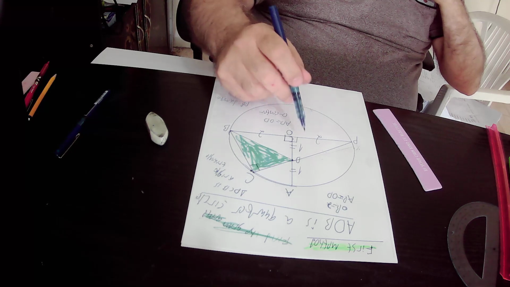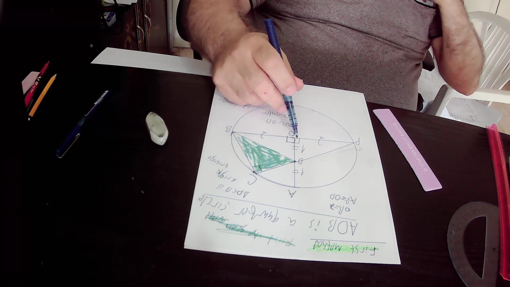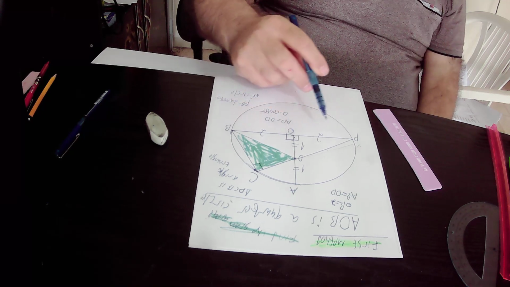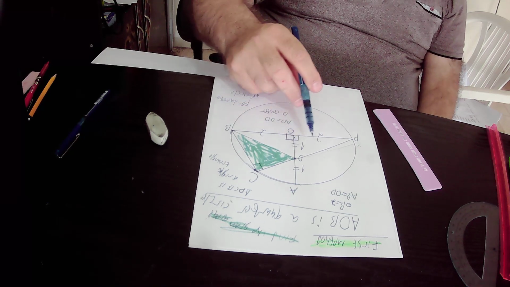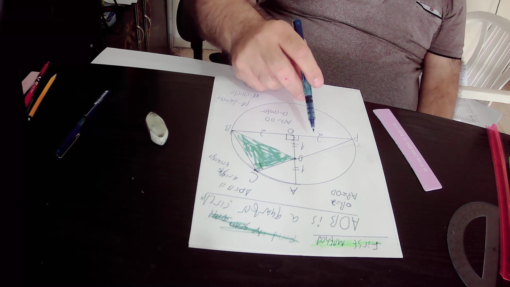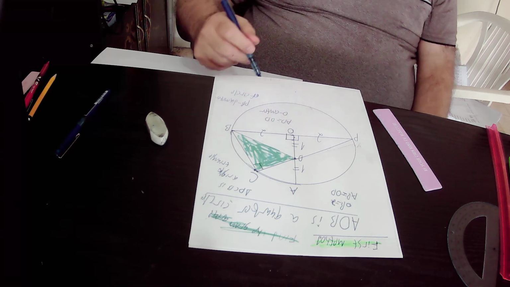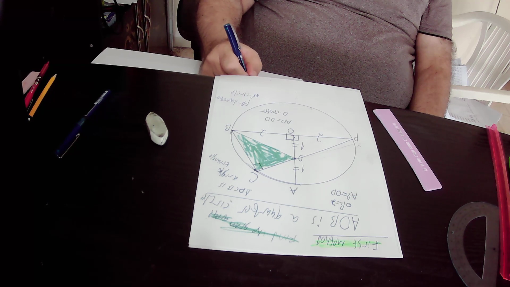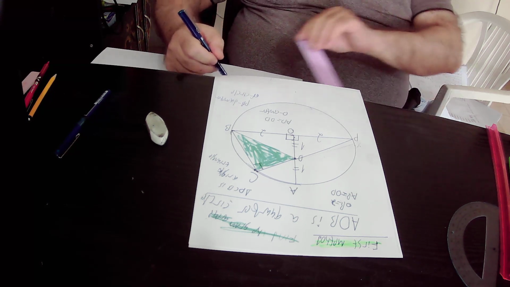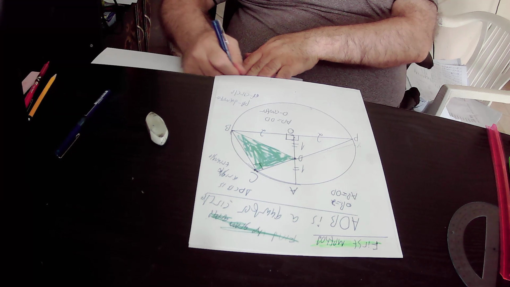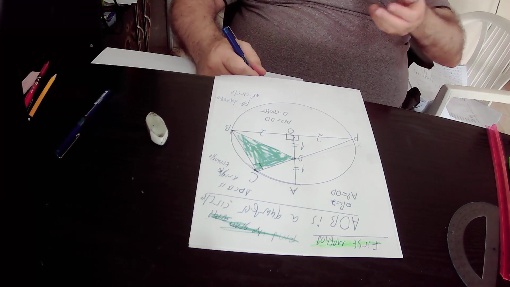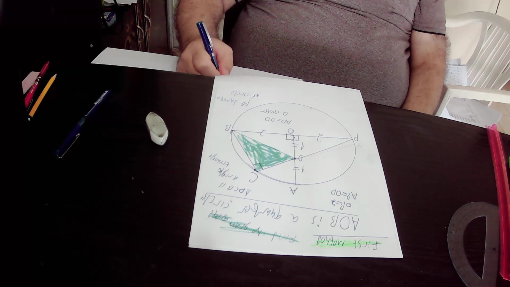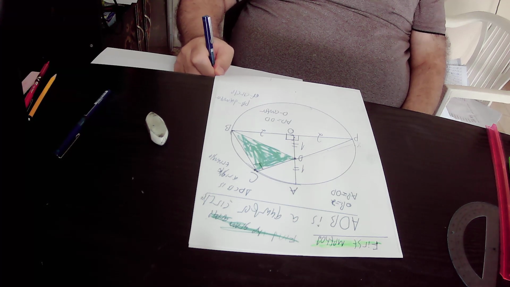Triangle POD is a right triangle because it has one angle that is equal to 90 degrees. We will find the length of the hypotenuse PD by applying the Pythagoras theorem on the right triangle POD. According to the Pythagoras theorem, the square of the hypotenuse equals the sum of the squares of the perpendicular sides.